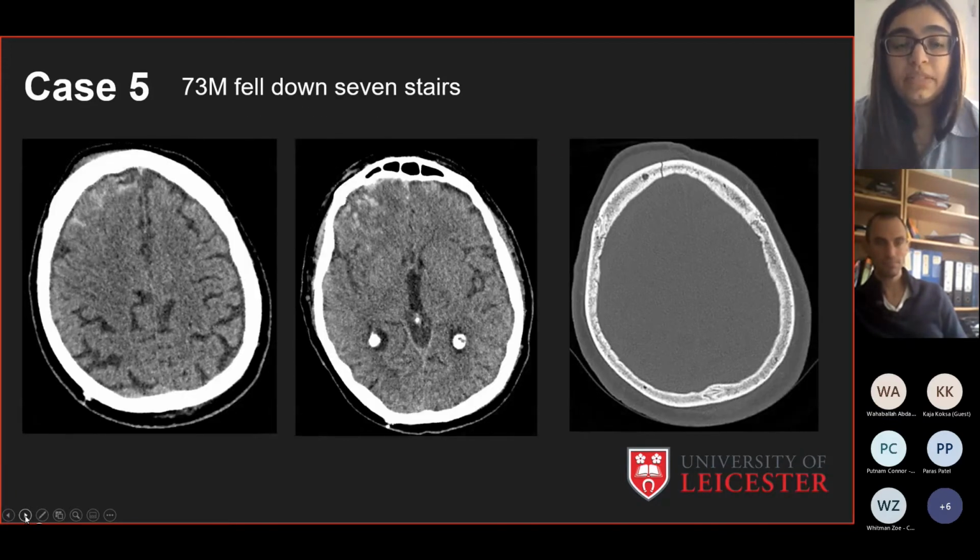So case 5, a 73-year-old who fell down 7 sets of stairs. If you have a few seconds to take a look at these 3 images, I'll then ask you what you can see in them.